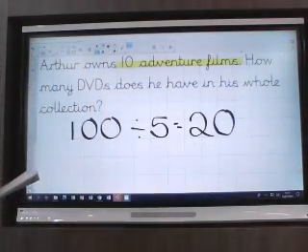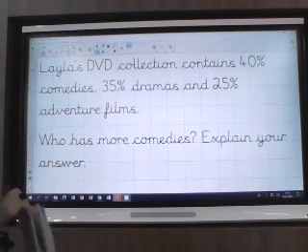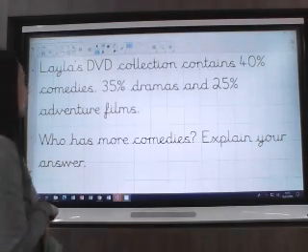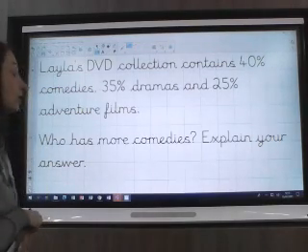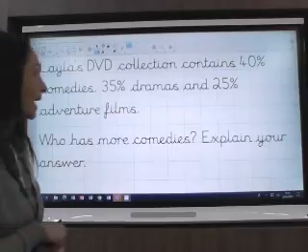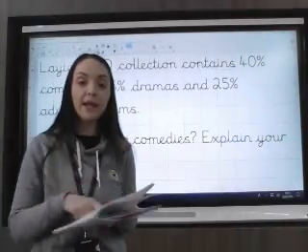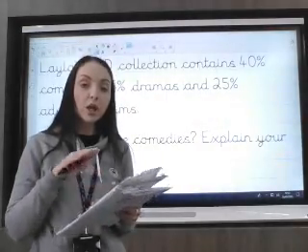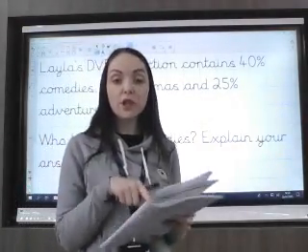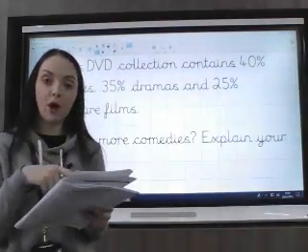The next part of this question says Layla's DVD collection contains 40% comedies, 35% dramas, and 25% adventure films. Who has more comedies? Explain your answer. In Arthur's part, you were told that he had 10 adventure films, so you could use that to help you work out how many comedies he's got.